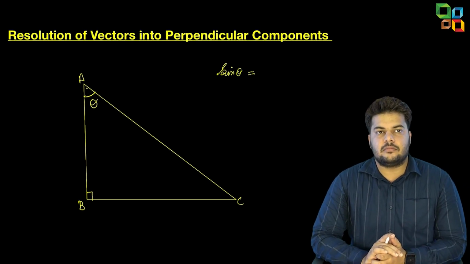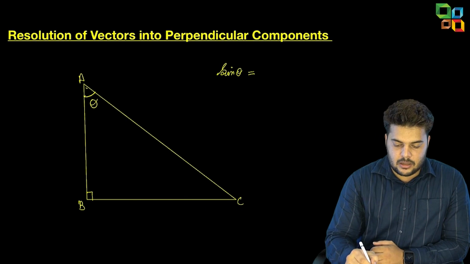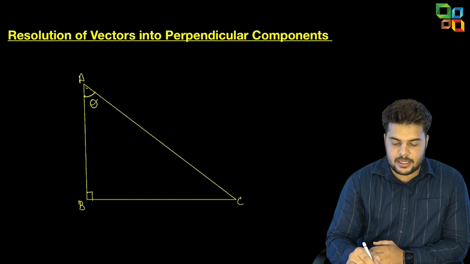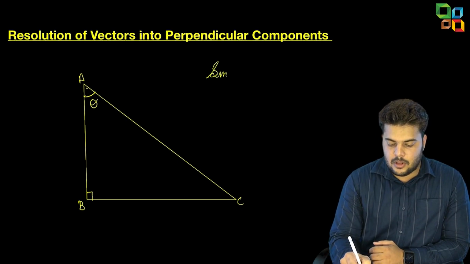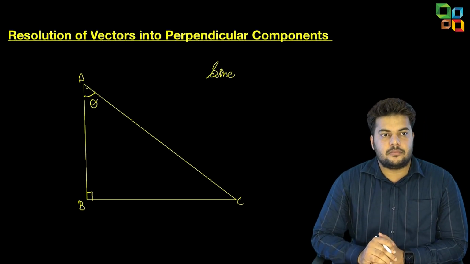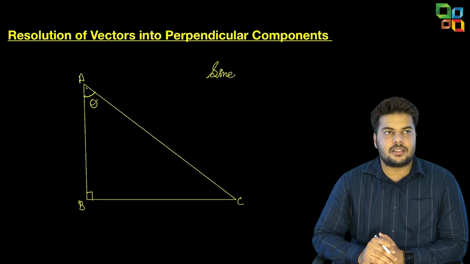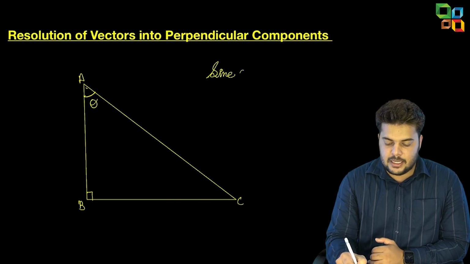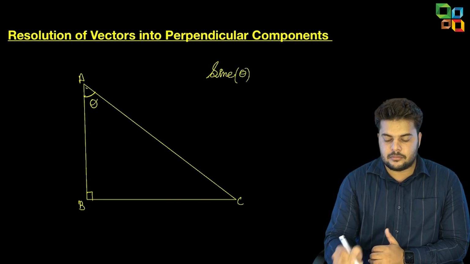There is a meaning why it's called sine theta. The full word is sine. Right now I just know the name. Cos theta and tan theta. Yes, we'll see what is cos theta and what is tan theta. Right now, sine of the angle theta.